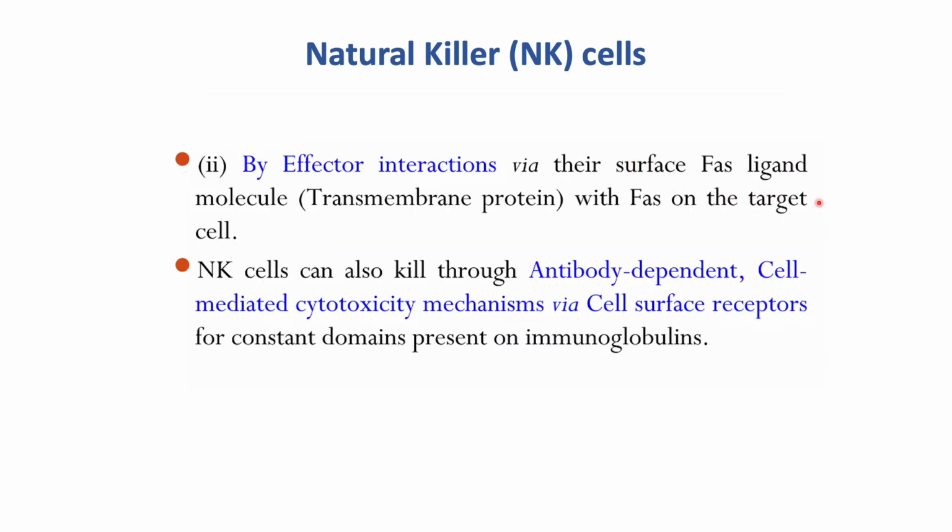Fas ligand is a type 2 transmembrane protein expressed on cytotoxic T lymphocytes and natural killer cells. It binds with the Fas receptor on target cells, which induces programmed cell death in the Fas-R carrying target cell. NK cells can also kill through antibody dependent cell mediated cytotoxicity via cell surface receptors for constant domains present on immunoglobulins.